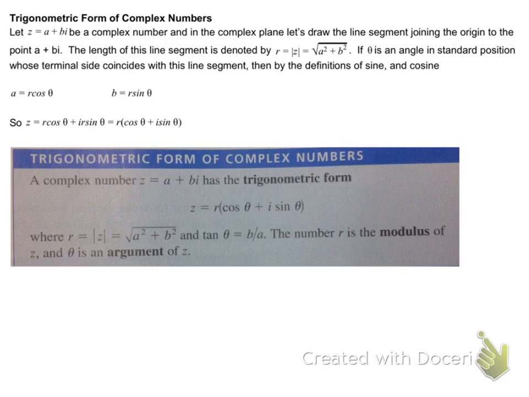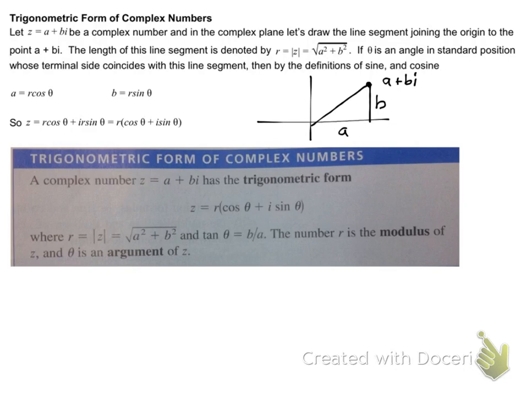What we are going to do here is graph that point and form a triangle with the x-axis and the origin. So if I had a plus bi, everybody's okay with this. We just got done graphing these, where a is one side and b is the other side.